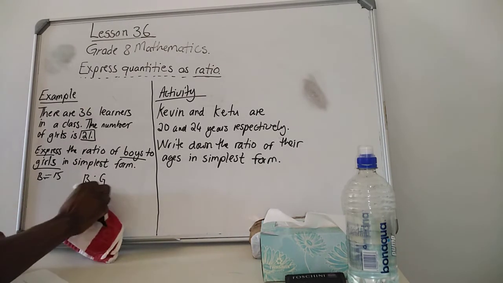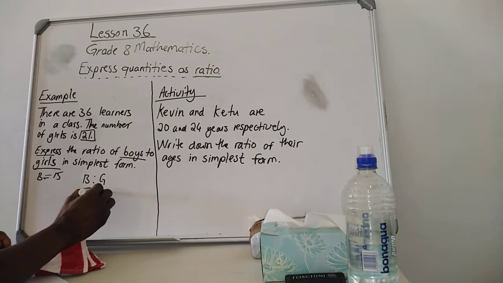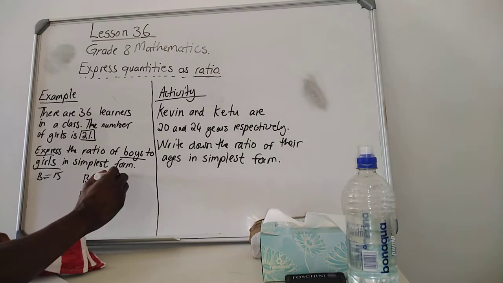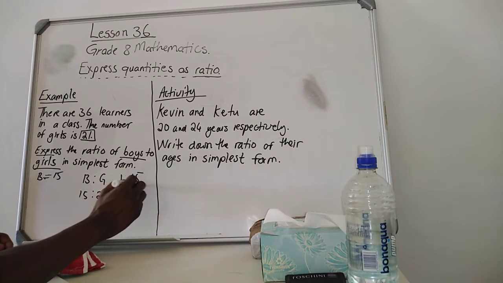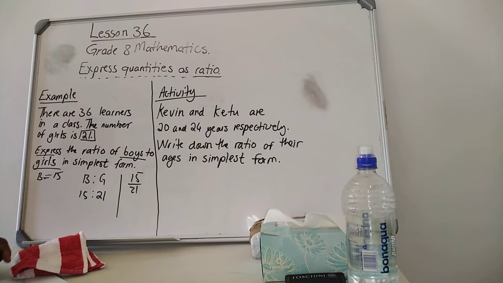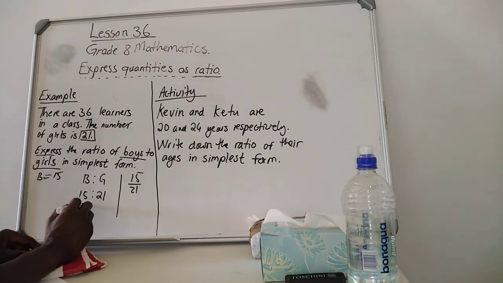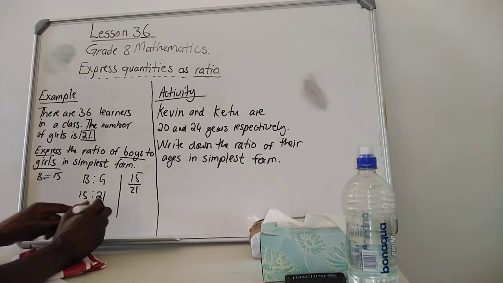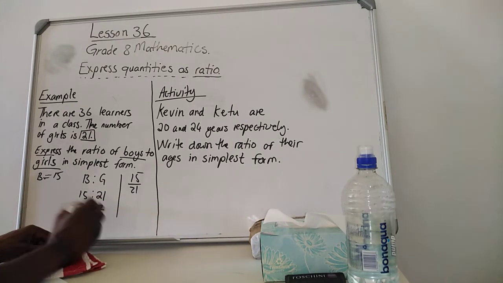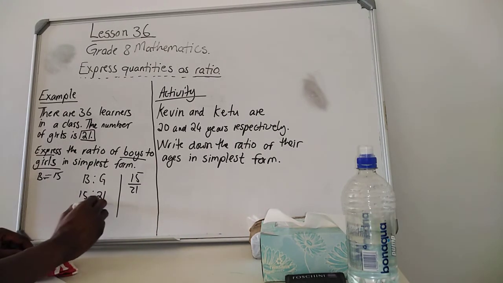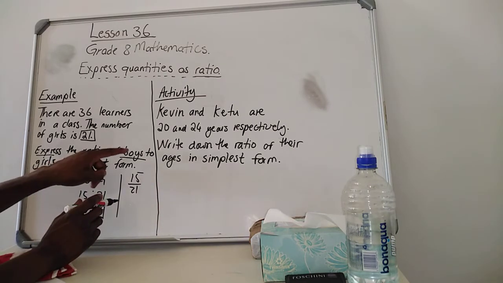So we need to figure out the highest common factor of 15 and 21. So 15 over 21, the highest common factor will be 3. 3 goes into 15 5 times, and 3 goes into 21 7 times. So this is the simplest form of the ratio of boys to girls.